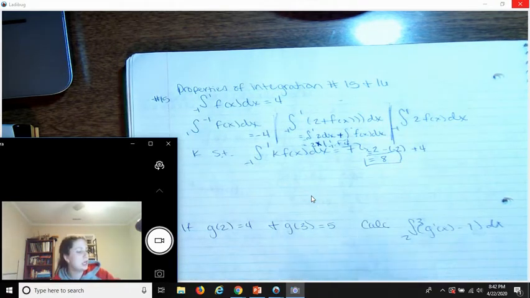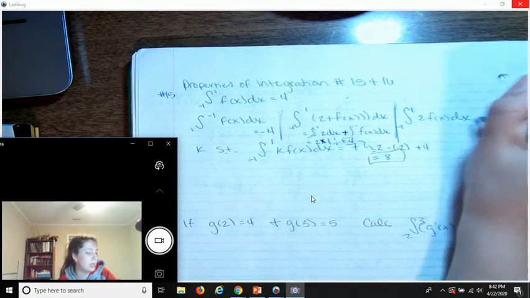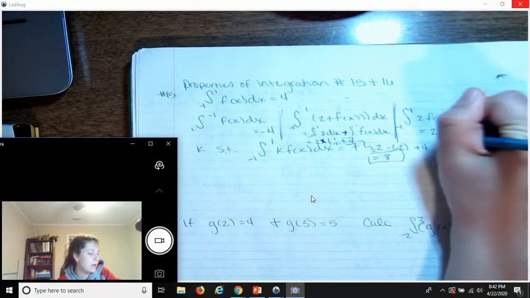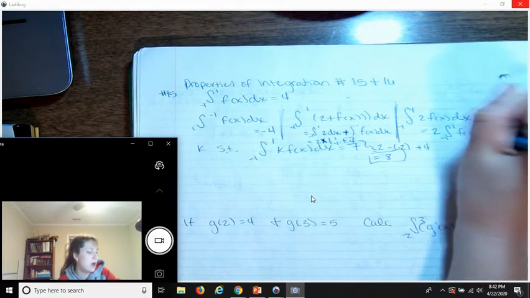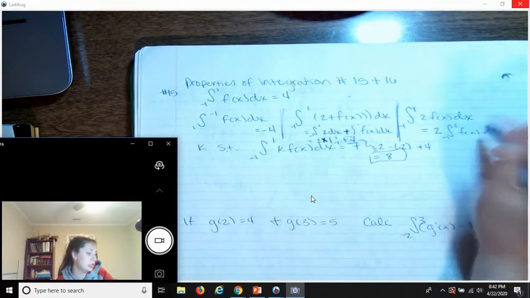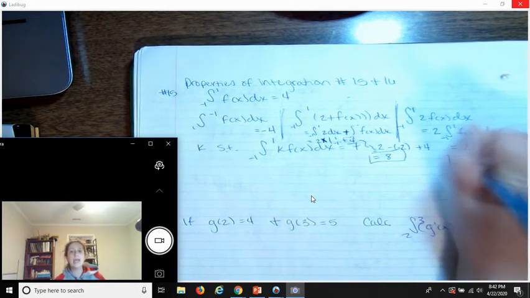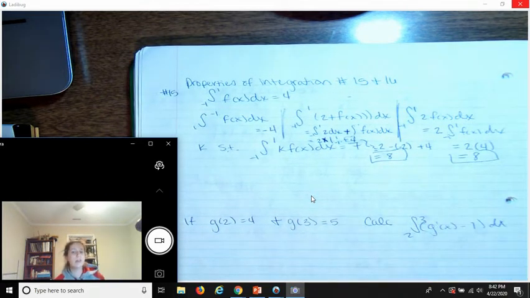And then here, I can just pull the 2 out front. So this is really just 2 times the integral from -1 to 1 of f of x dx. Our limits of integration are the same, so this is just 2 times 4. So this is 8. Okay, then it asks you to find the value of k such that that thing is equal to 7.